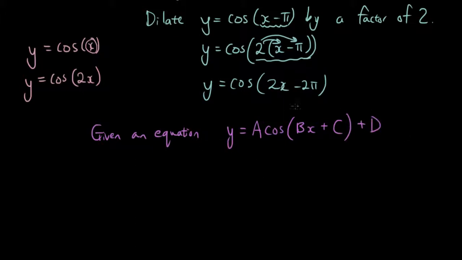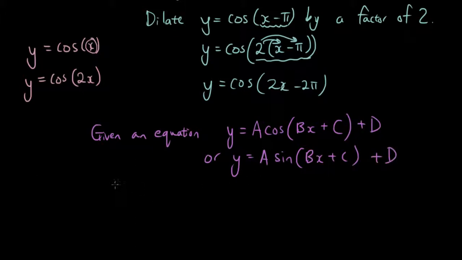Okay, so this is the general equation of all periodic curves. The cosine part can be sine, so y equals a sine bracket bx plus c plus d.